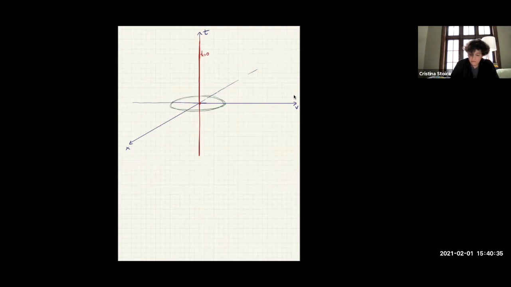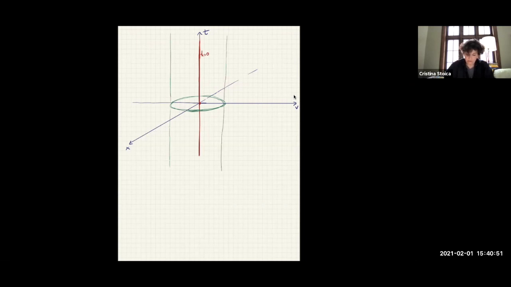But now, what does it actually do on the time axis? You know what it does? At all times, it moves on a nice cylinder. So here is the cylinder.